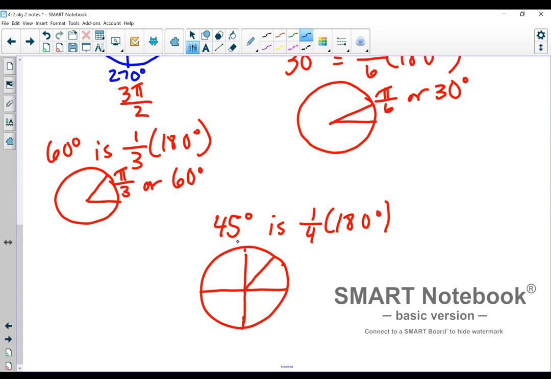Let's label this one pi over 2. This would be pi over 4, which is the same thing as 45 degrees. So if I have multiples of pi over 4, I'm looking at multiples of 45. Let's draw all these little arrows in to show our angle rotating from that standard position where x is positive. This is just to help you make some sense of angles.